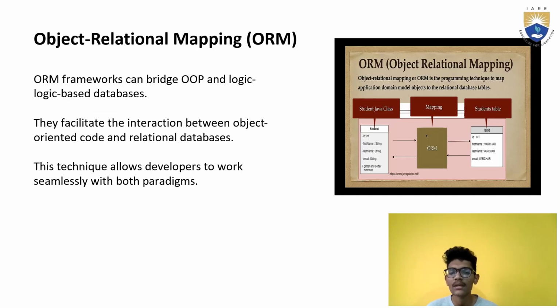Object Relational Mapping, abbreviated as ORM, is a programming technique to map application domain model objects to relational database tables. The Student Java class is mapped and the student data is given into the ORM, and it's always a cycle.